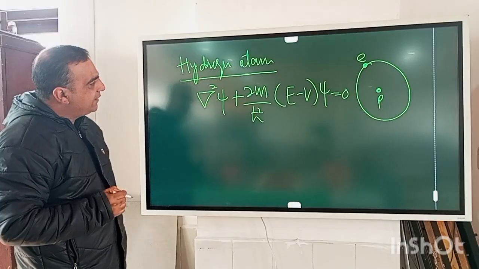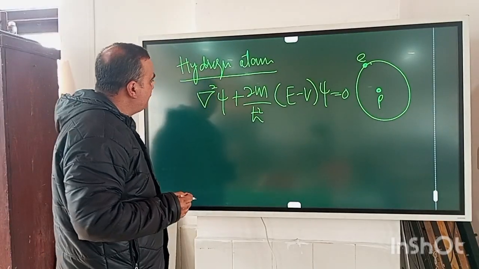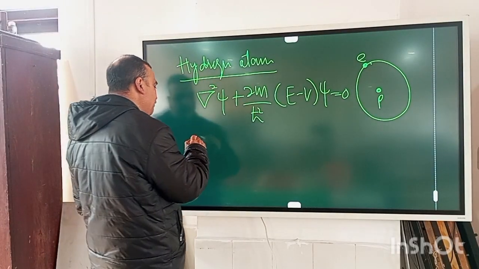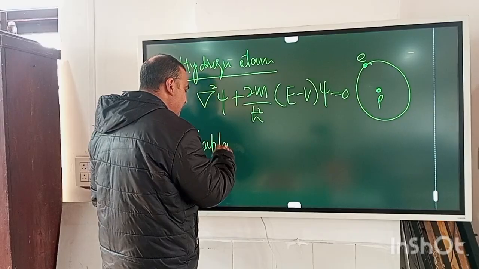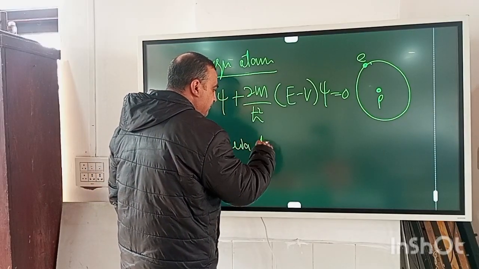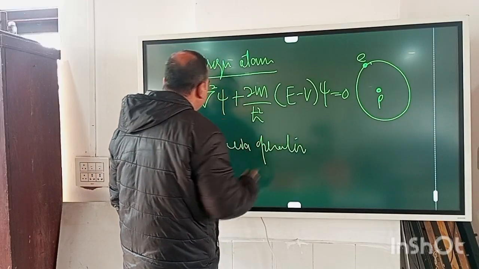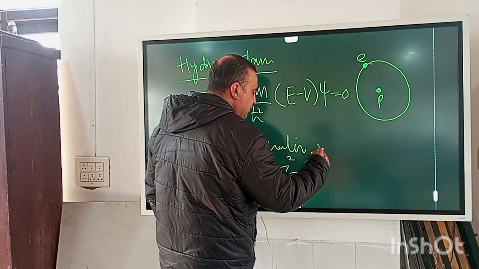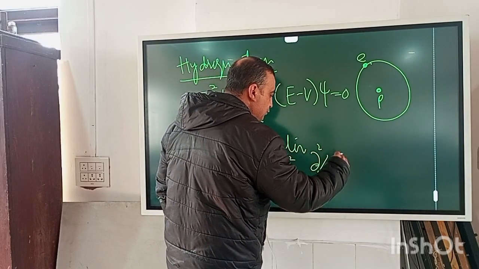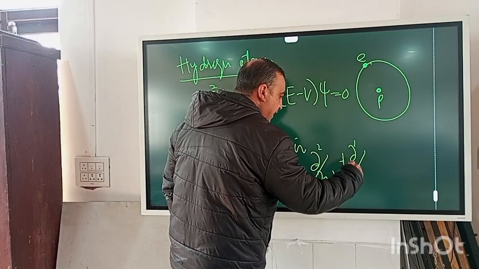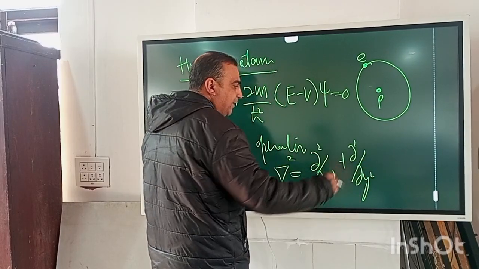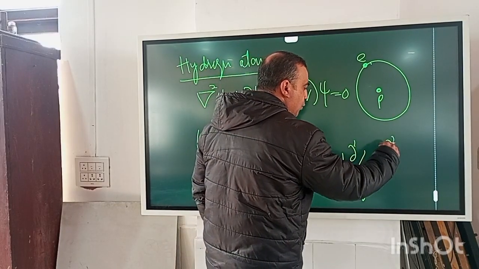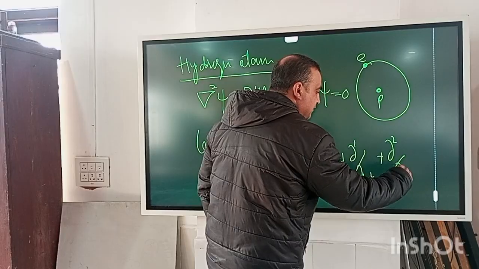Now, in this Schrödinger's time-independent equation, what we have is a Laplacian operator. And this operator can be written in Cartesian coordinates as dou2 by dou x2 plus dou2 by dou y2 plus dou2 by dou z2.